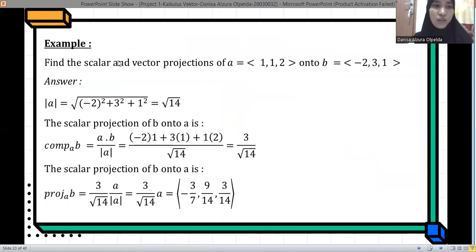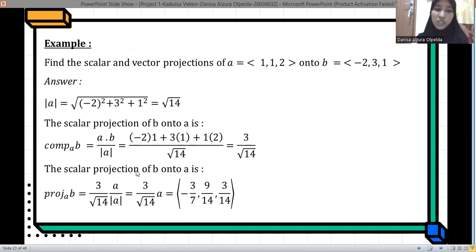Example: find the scalar and vector projection of B = (-2, 3, 1) onto A = (1, 1, 2). Answer. We have |A| equal to root of 14. So the scalar projection of B onto A is comp_A B; we substitute the values into this equation, so we get the ratio. The result is 3 over root of 14.